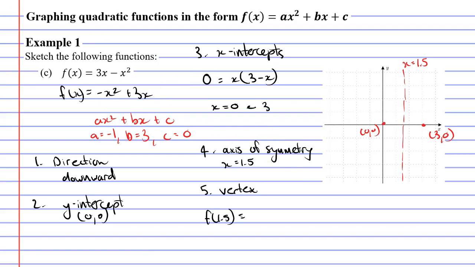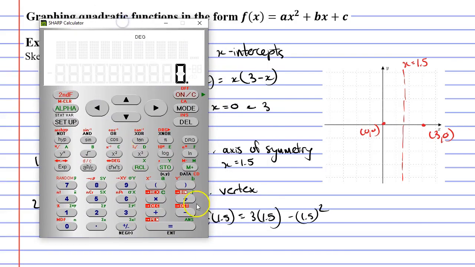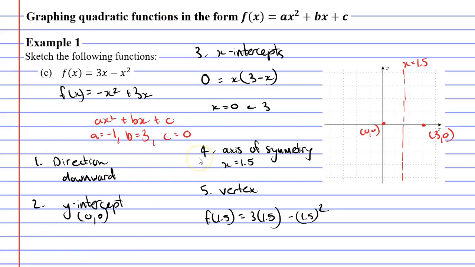So what are we going to get? We have 3x, that becomes 3 times 1.5, and then we have minus x squared. So we get minus 1.5 squared. I think I'm going to use the calculator for this one. So we have 3 times 1.5, minus 1.5 squared, which will equal 2.25.